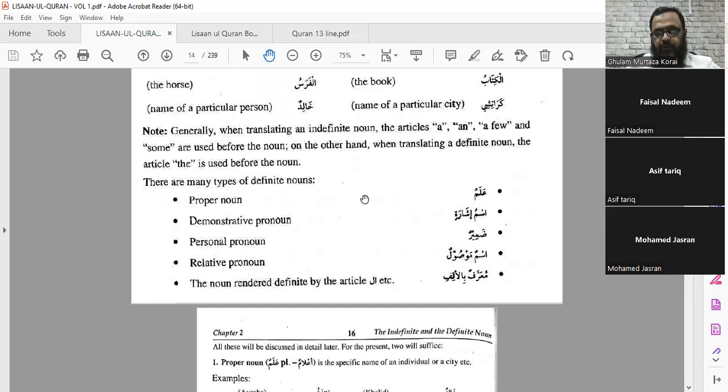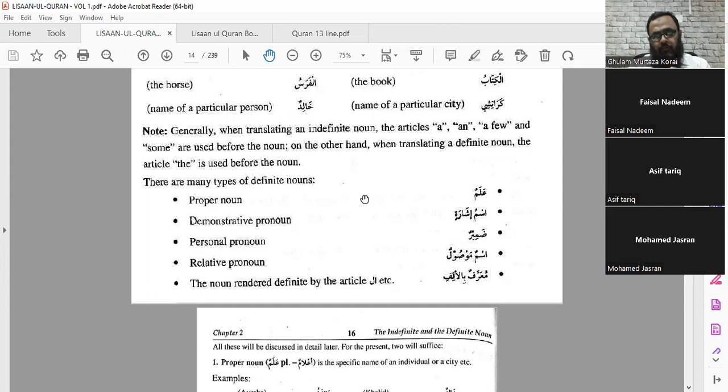So alam is a specific or proper name. Then ismul isharati: hada, hadani, hatani, ulaik. You have to memorize that ismul isharati is a part of al-ma'rifatu.